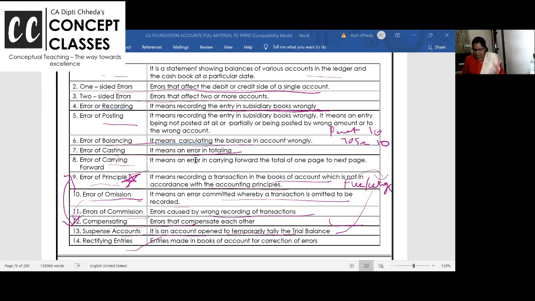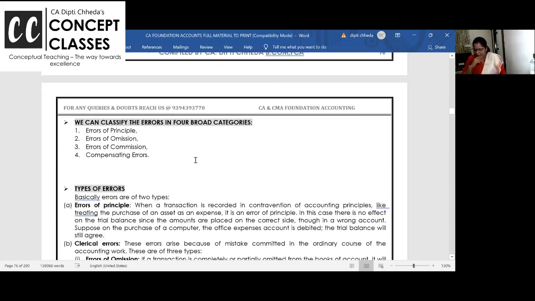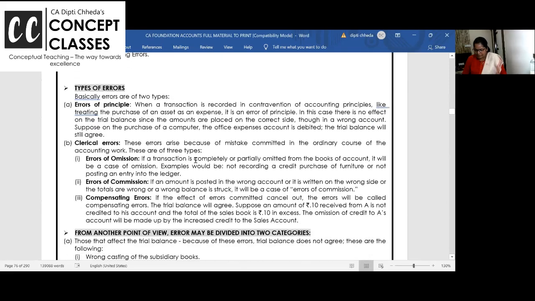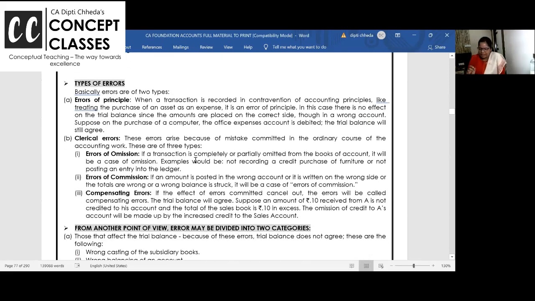Chalo. All clear to all of you, all the terms? Yeah. We can classify the types of errors. I once again want to read this. Error of principle. Types of errors should be clear to you. When a transaction is recorded in contravention of accounting principle, like treating the purchase of an asset as expense or expense as asset, okay, then it is called error of principle.